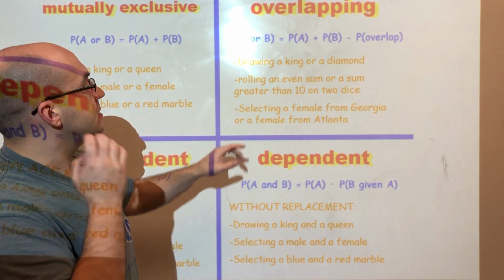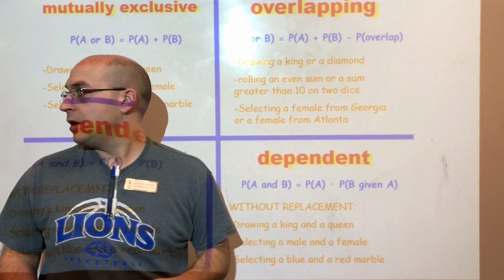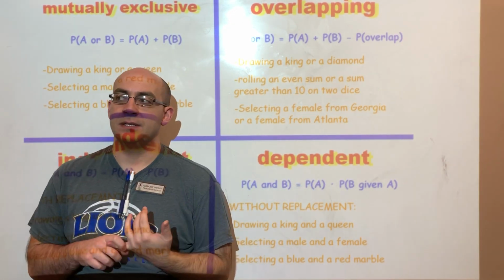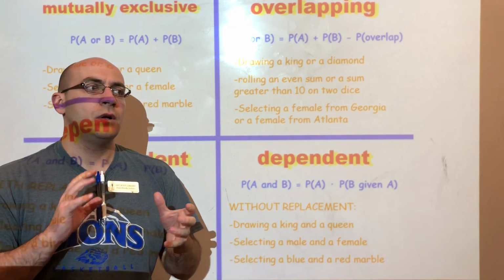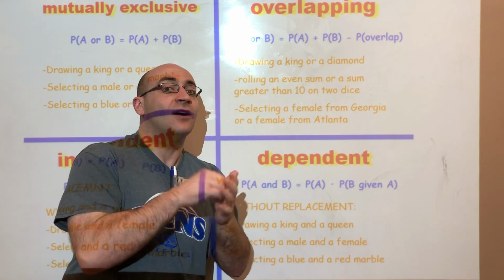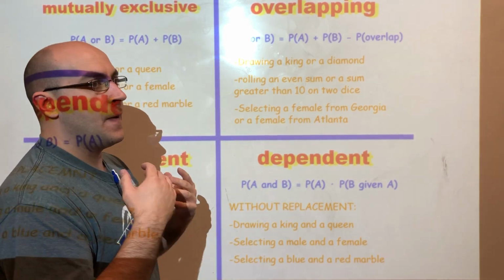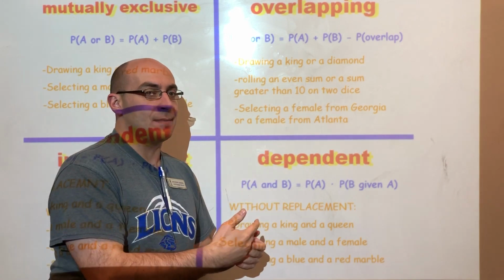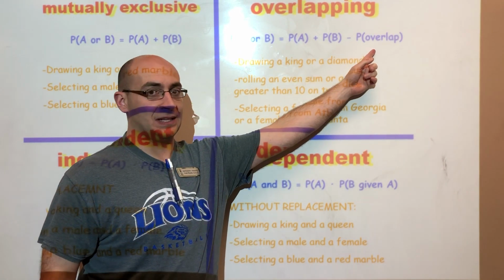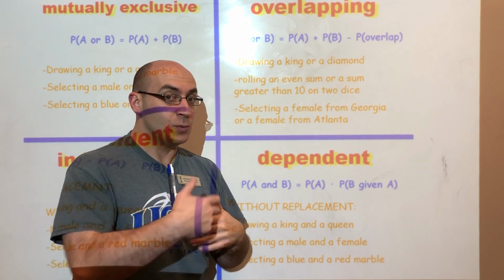What if I wanted to draw a king or a diamond? I can still draw one or the other, but the king of diamonds is different. I have to subtract that overlap out, because getting a king that is a diamond would duplicate my chances.